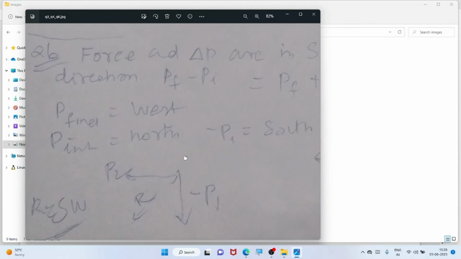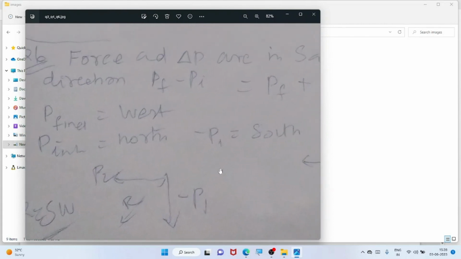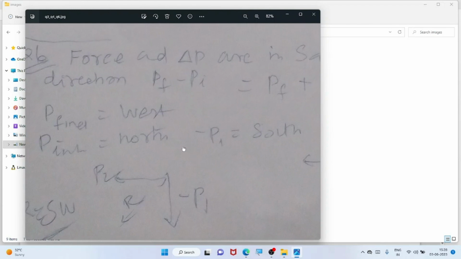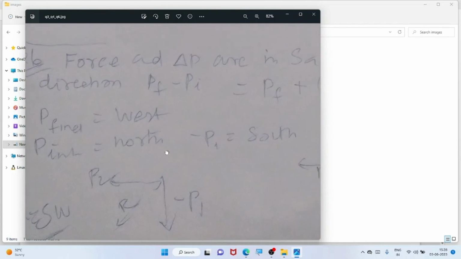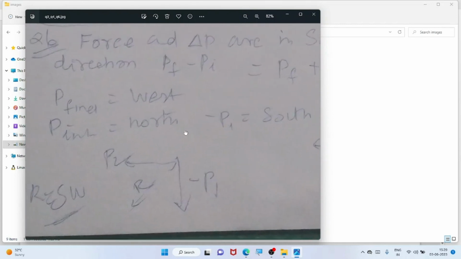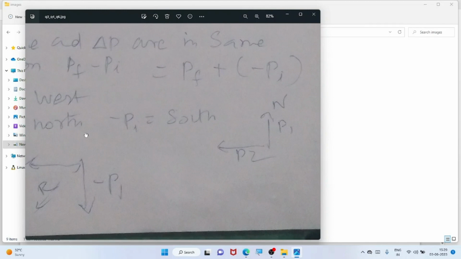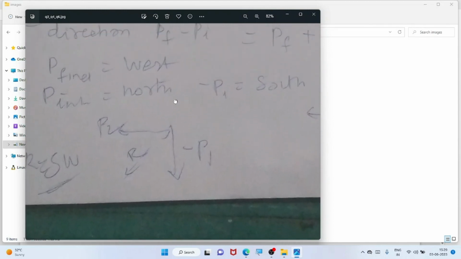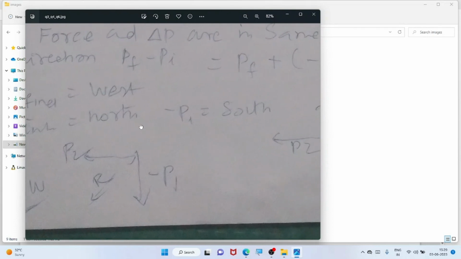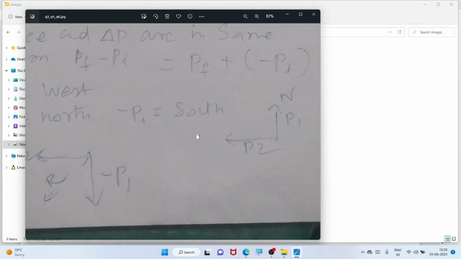See here. This is the final momentum westwards, and the initial momentum is north. So final minus initial means final plus minus of initial.